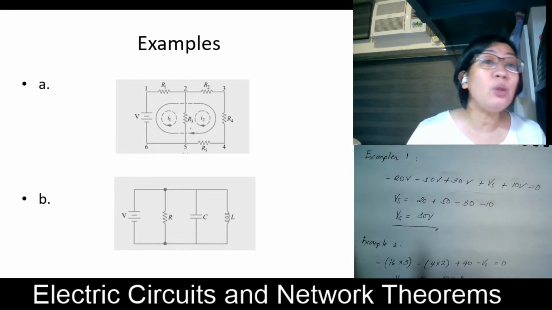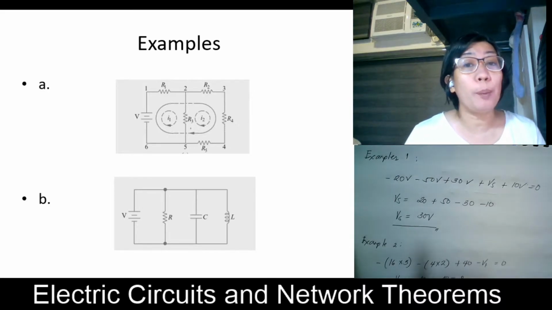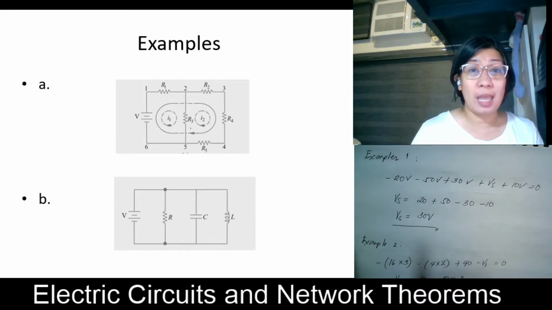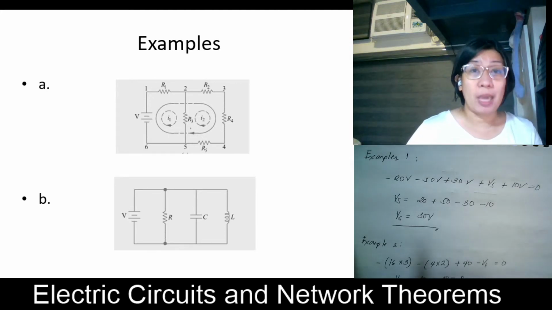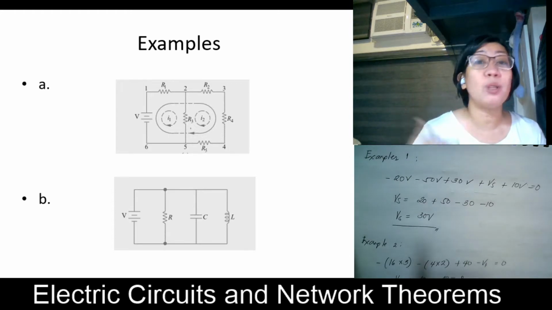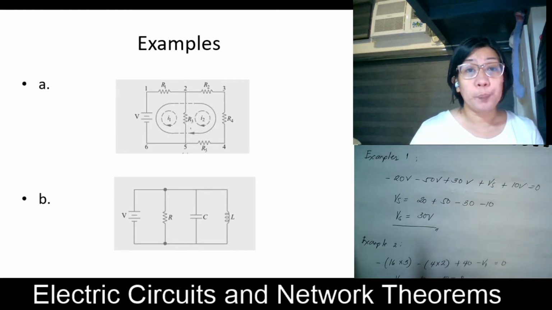We will not consider the outer loop as a mesh, because a mesh is defined as a loop with no other loop within it. If we consider the outer loop, there are two smaller loops inside it. Therefore, it is considered a loop but not a mesh. But a mesh we can consider as a loop.